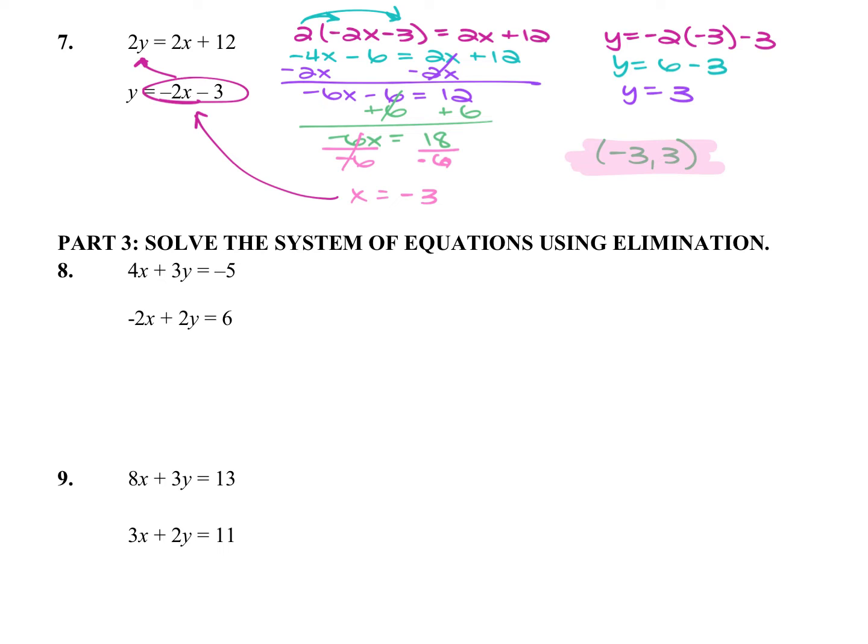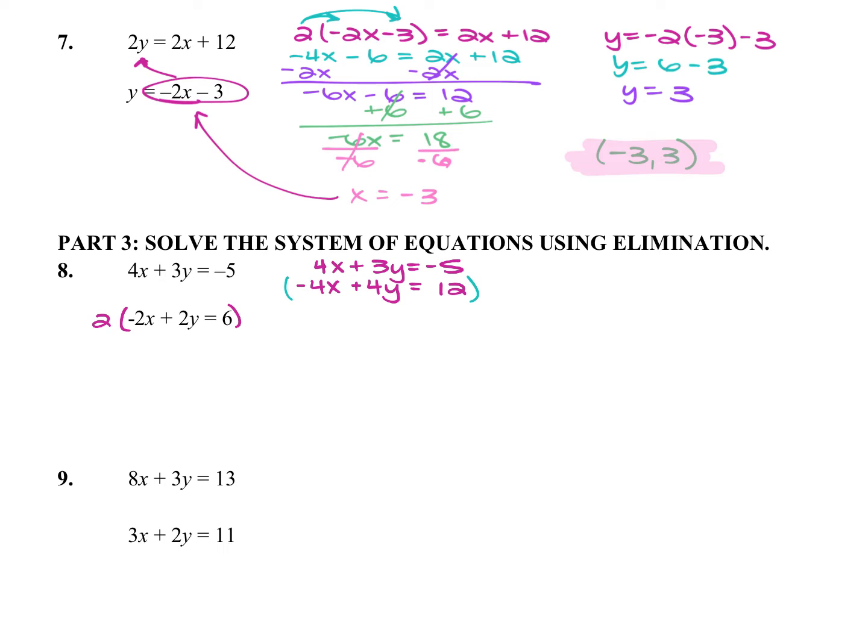You can turn that 2 into a 4, or a negative 4, by multiplying it by a 2. So you're going to multiply the entire bottom equation by 2. Your top one is going to stay the 4x plus 3y is equal to negative 5. Your bottom turns into negative 4x plus 4y is equal to 12.